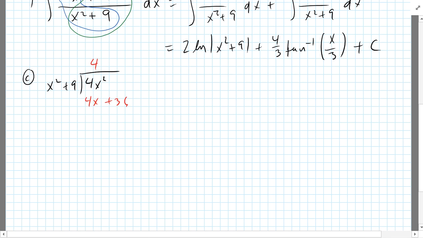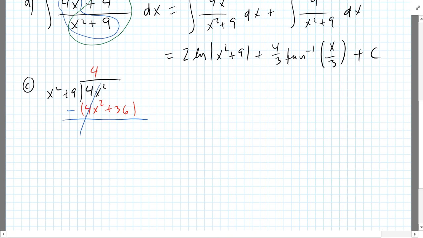Let me rewrite that so you can actually see it. Alright, so that whole thing is going to be subtracted. So the 4x squareds cancel out. If they don't cancel out, you've done something wrong. And you got nothing up here, so it's 0 minus 36. So you're going to end up with a minus 36. That's going to be your remainder.